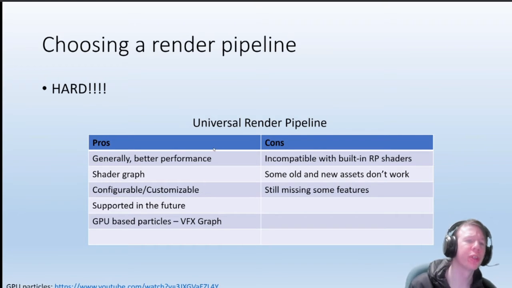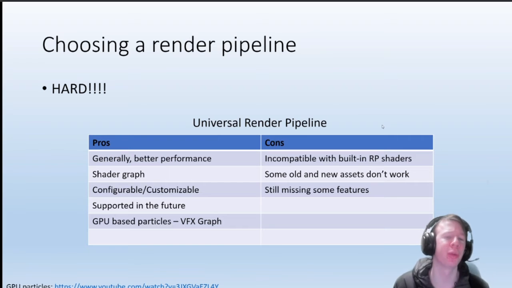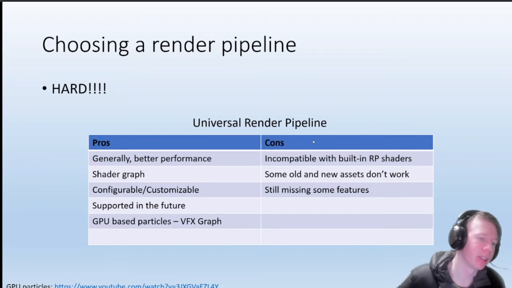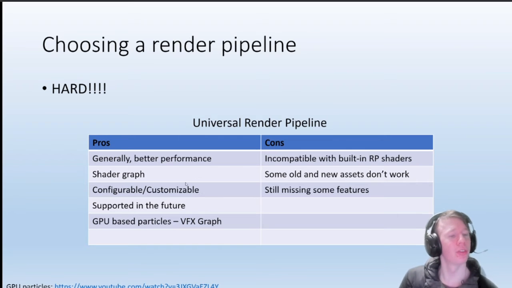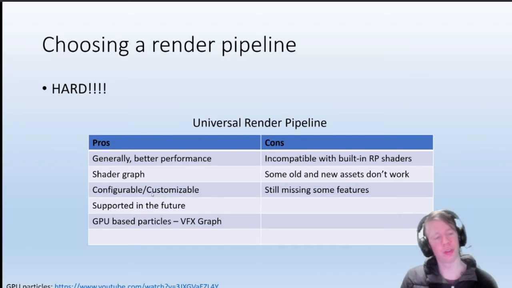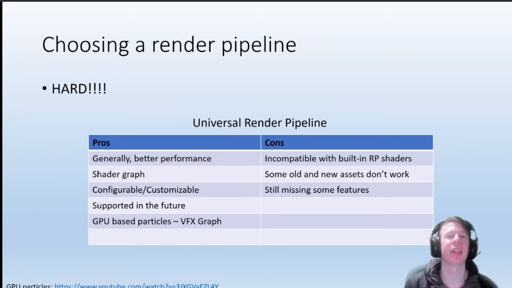So comparing the universal render pipeline against the built-in render pipeline, it's generally got better performance. It has this new thing called shader graph, which lets you create shaders visually rather than having to write the code out manually. So that's really nice. It's configurable and customizable.